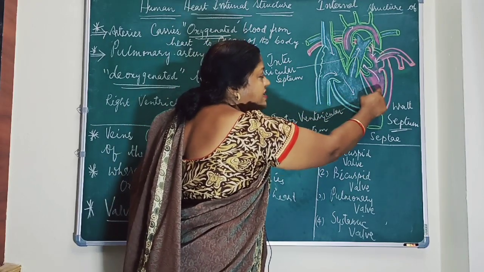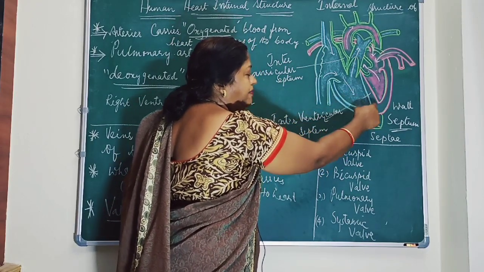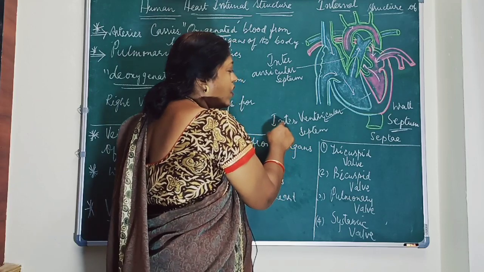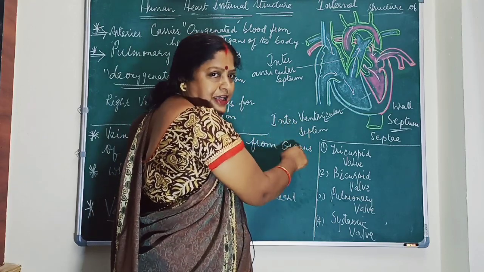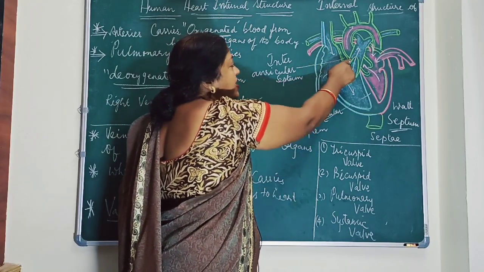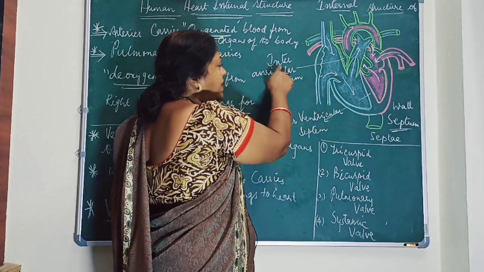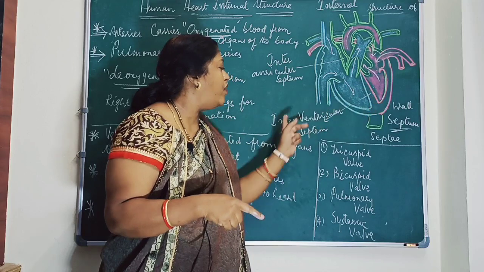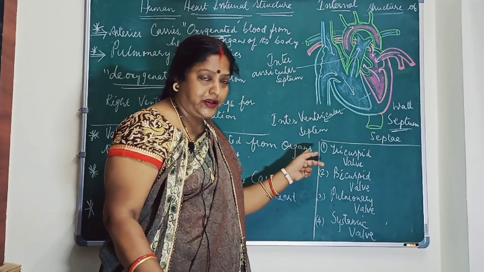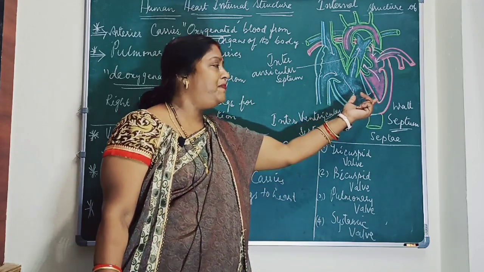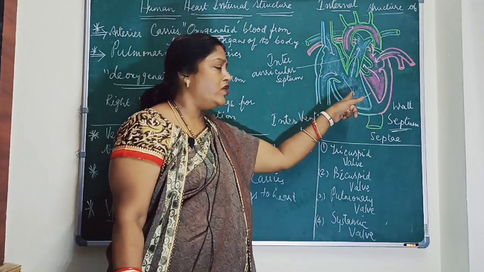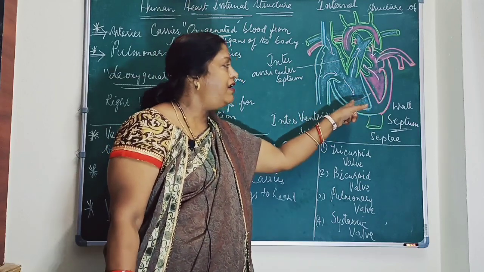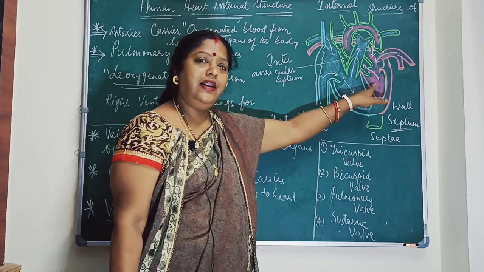Both the ventricles are again separated by a wall called the interventricular septum. The auricles are separated by the interauricular septum, and the ventricles by the interventricular septum, which similarly prevents the mixing of deoxygenated blood in the right ventricle with the oxygenated blood in the left ventricle.